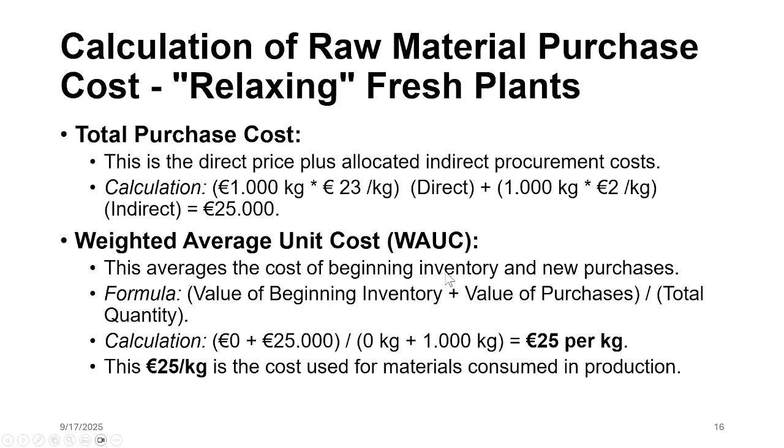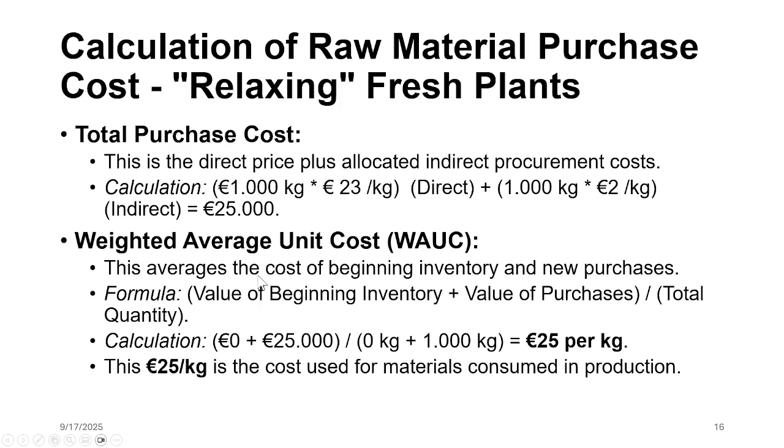So now we do the same to calculate the raw material purchase cost of the fresh plant for the relaxing product, right? We use the same method. First, we calculate the total purchase cost as the direct price plus the allocated indirect procurement cost.